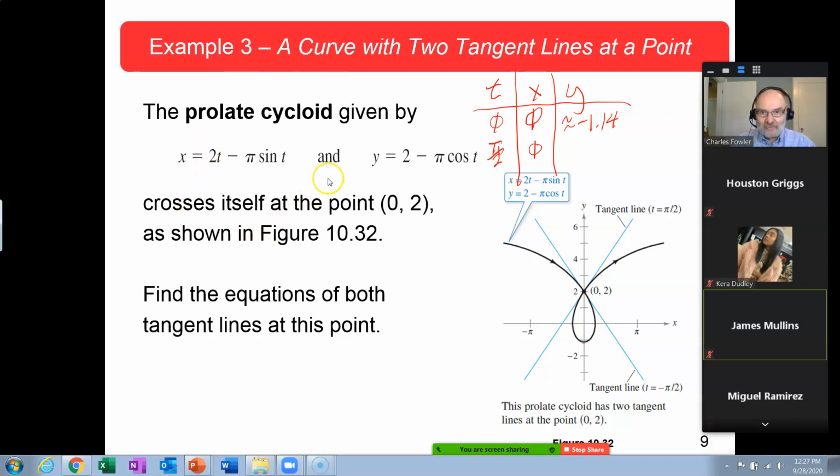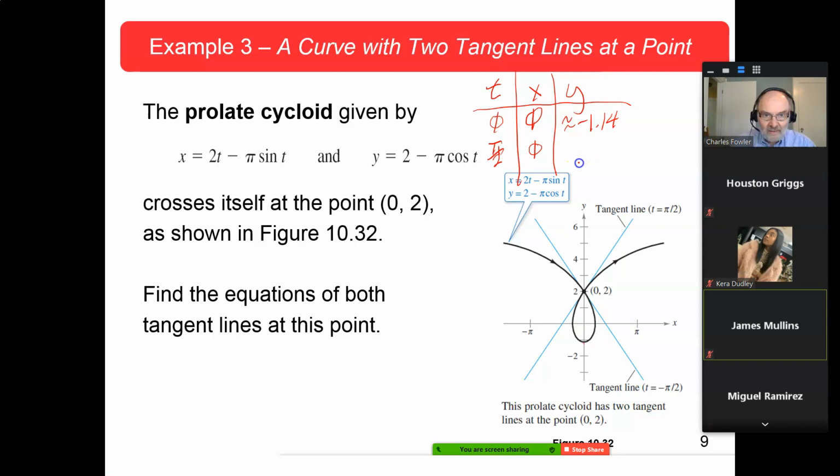We were doing this one when t is equal to pi halves, y is 2 minus pi times the cosine of pi halves. Well, cosine of pi halves is 0. So this will be 2. So the y is going to be 2. Okay, well, let's see where we are there. 0 for x, 2 for y.